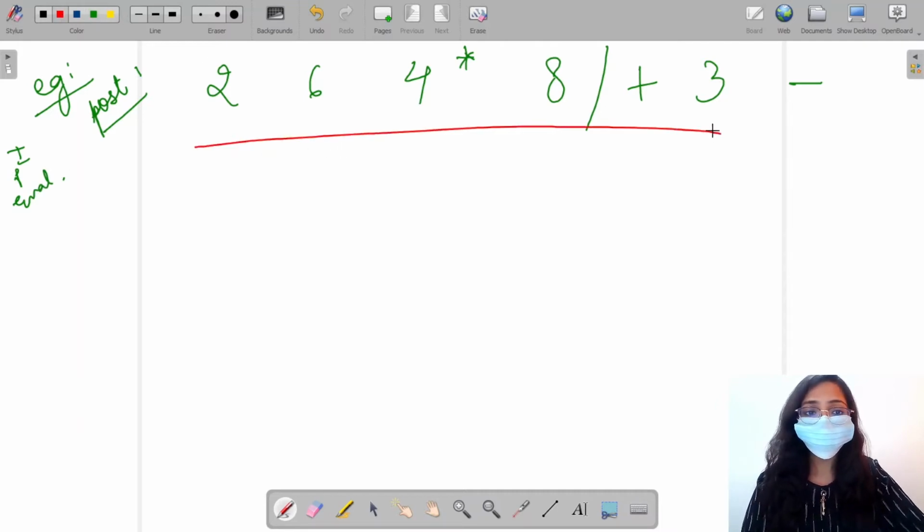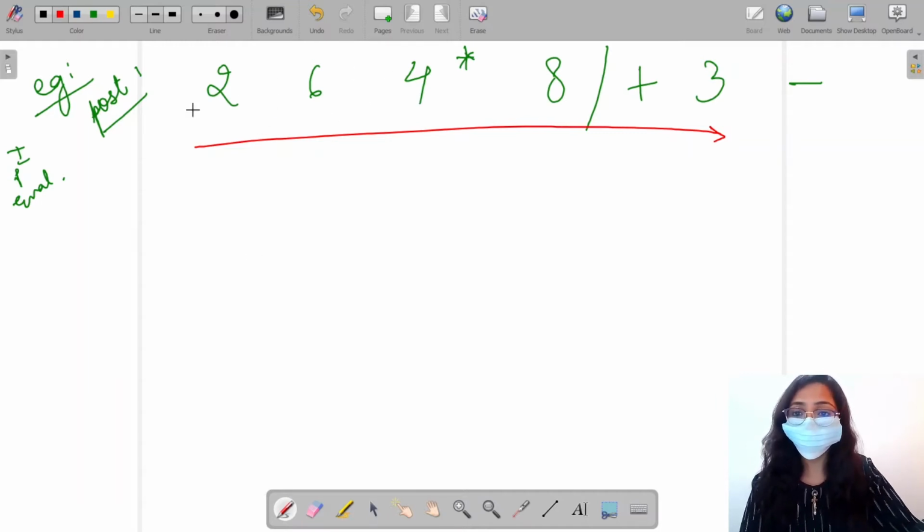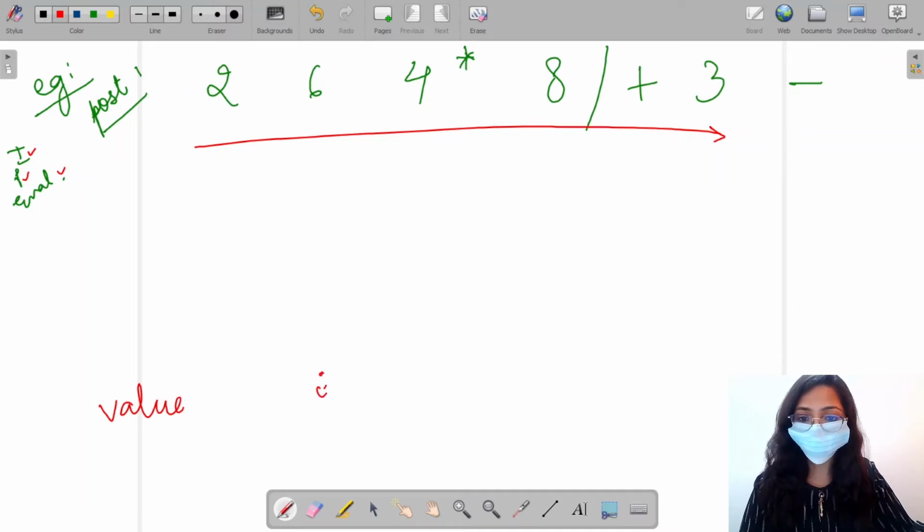We will traverse the length of the postfix string, and for each place we'll check whether it is an operand or an operator. If it is an operand, we'll do something, and if it is an operator, we'll do some task. The three things which we have to calculate are infix, prefix, and the value. So let us create these stacks.